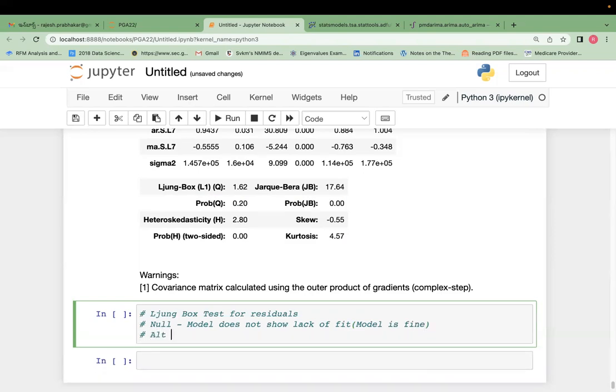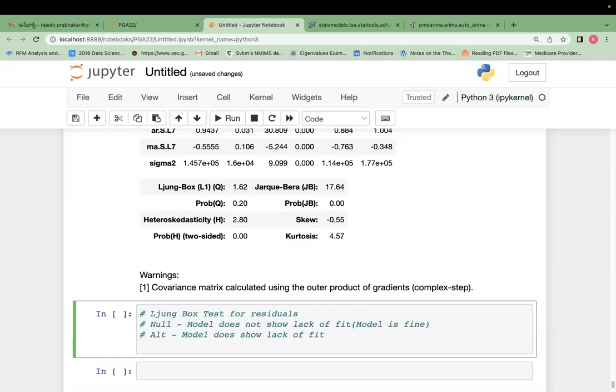The alternate hypothesis is the model does show lack of fit.